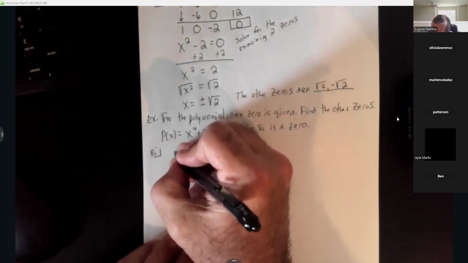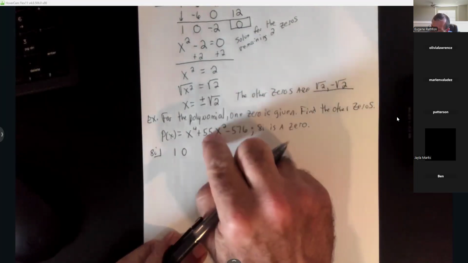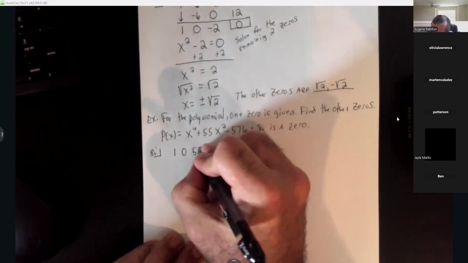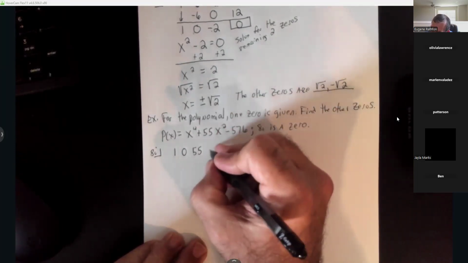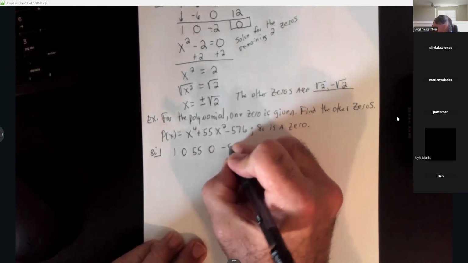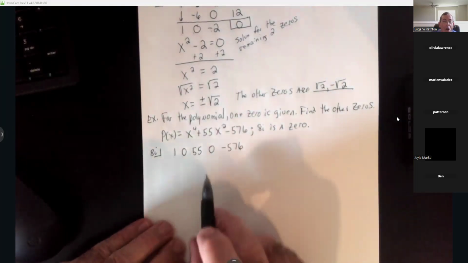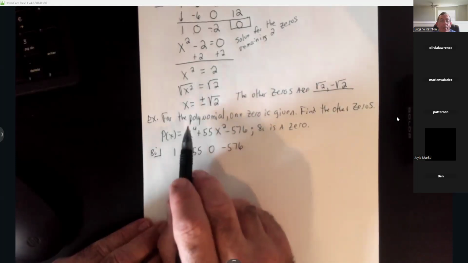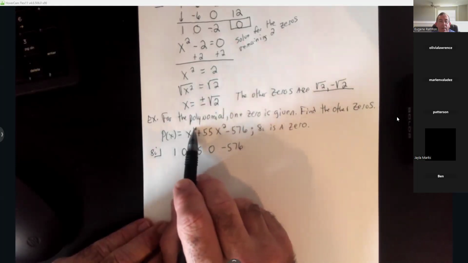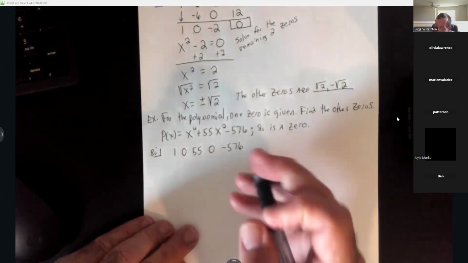So I got 1x4, 0x cubed, 55x squared, 0x's, and then negative 576. You always got one more number here than your highest exponent. So if that's a 4, you need 5 numbers.